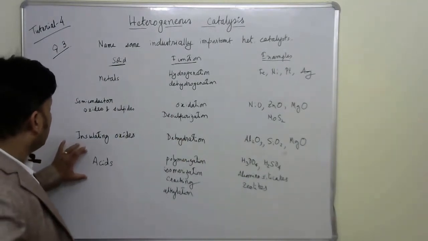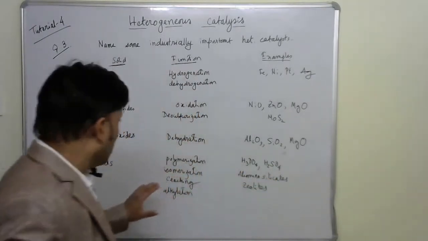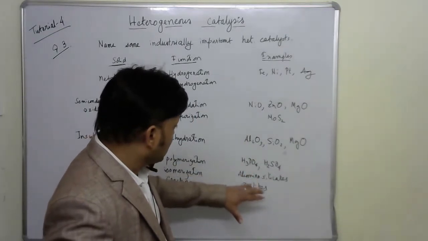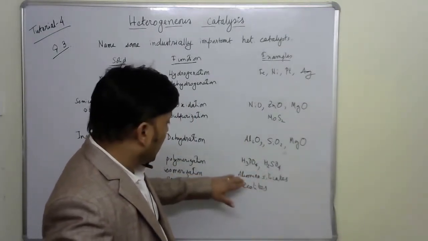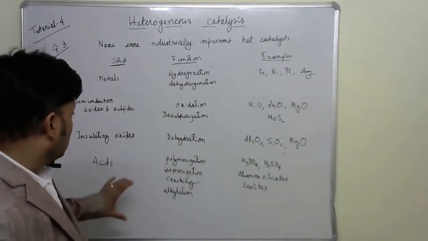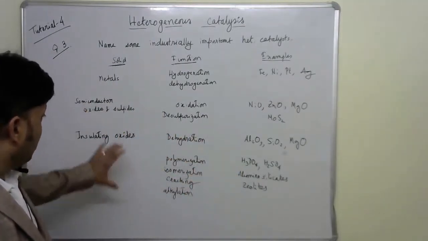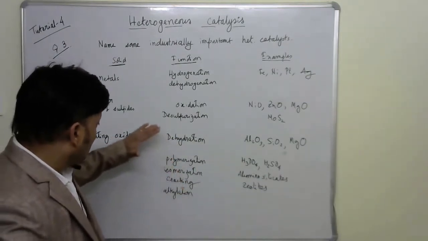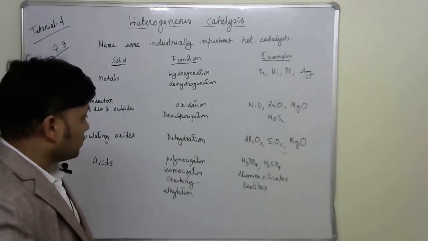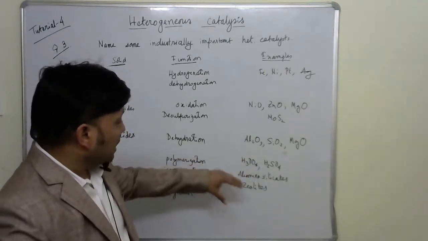And then we have solid acids, for example phosphoric acid, and in some cases sulfuric acid also, and aluminosilicates and zeolites. These acidic solids help us for polymerization reactions, isomerization reactions, cracking of petroleum, and alkylation, etc. Remember, these acids sometimes can be used as a solid support.